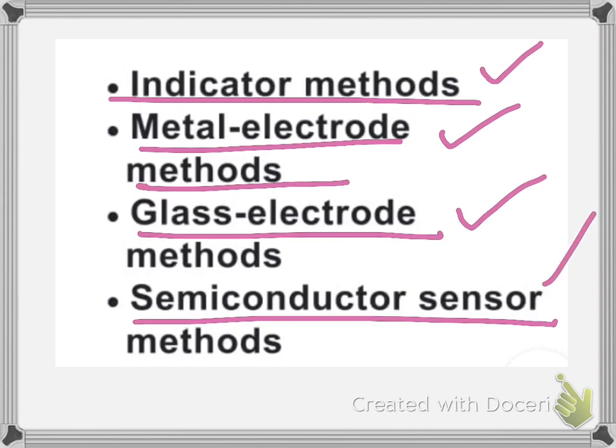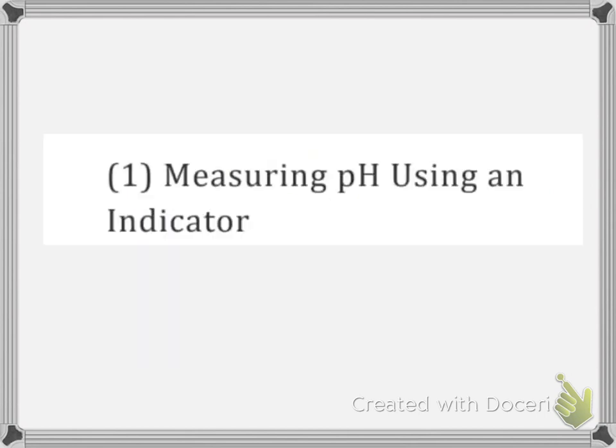Now we can discuss each one of these in detail. First one is measuring pH using an indicator. This basically includes two methods.